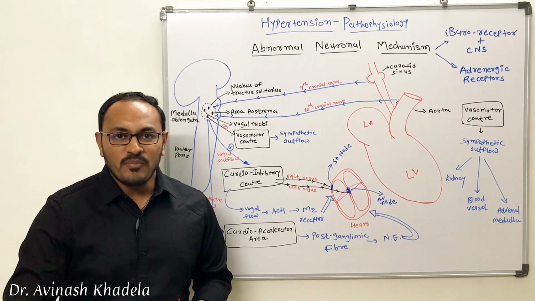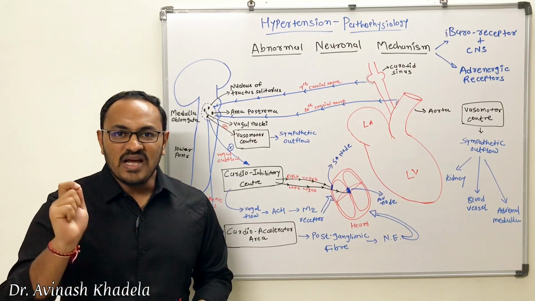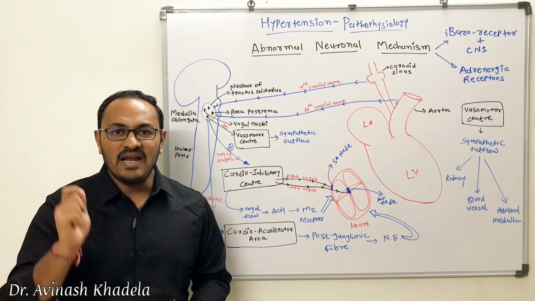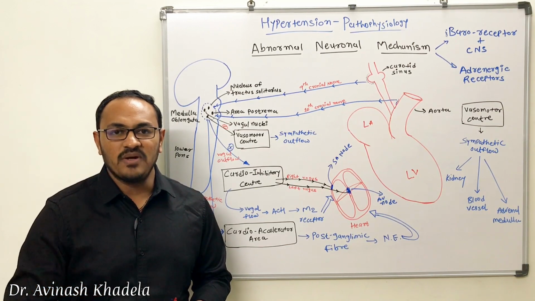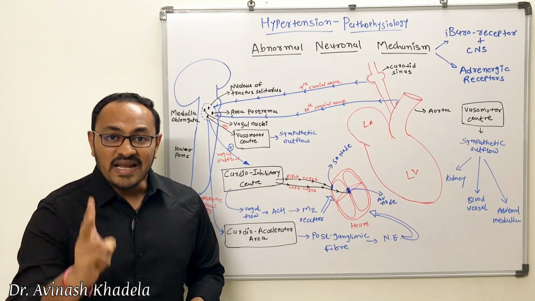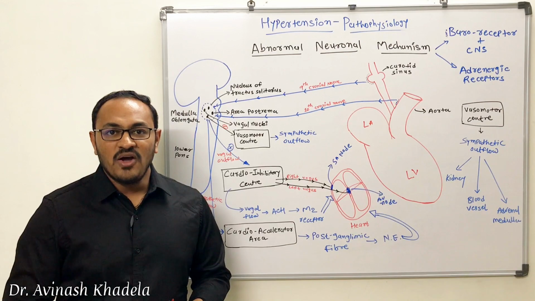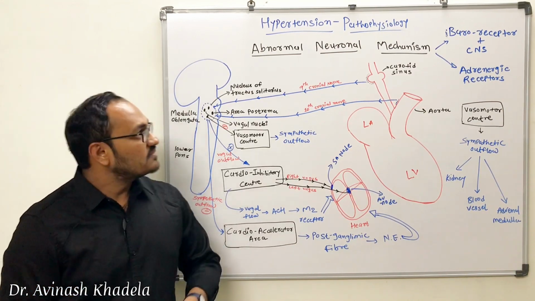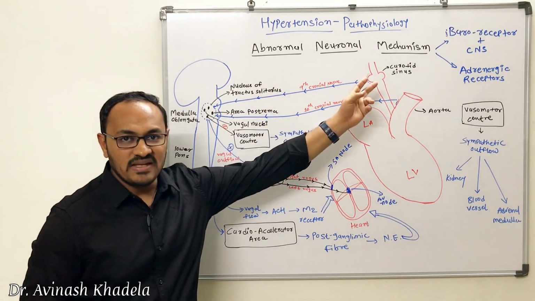It has three components: the renin, angiotensin, aldosterone system, natriuretic peptides or hormones, and insulin resistance or hyperinsulinemia. In this video, we will discuss the second most important part of hypertension pathophysiology, that is the neuronal mechanism.